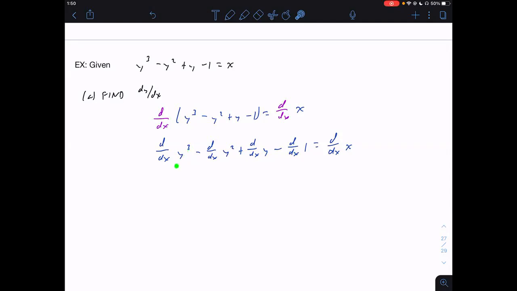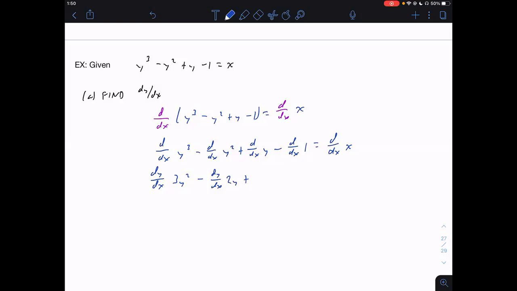All right, so the derivative of y cubed, that's going to be 3y squared. And since we took the derivative of a y variable, that's going to give us dy over dx as our differential here. Okay, minus, once again, another y variable. So minus the derivative of y squared, which is 2y, times dy over dx.